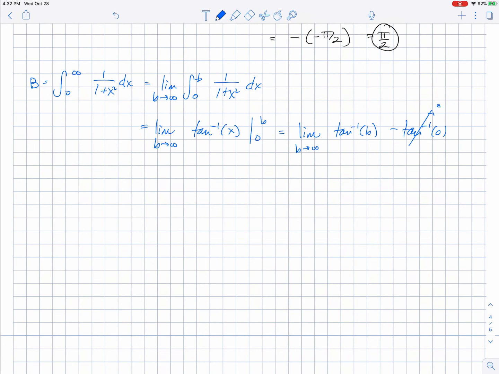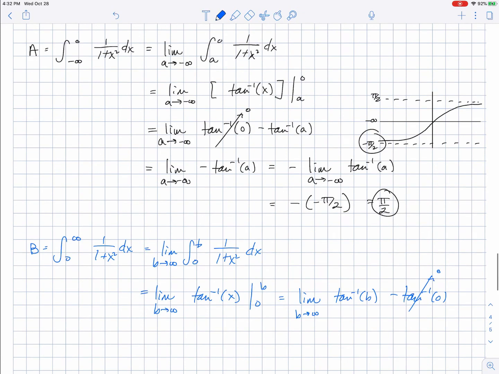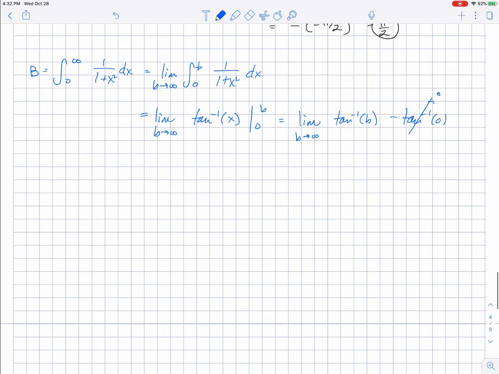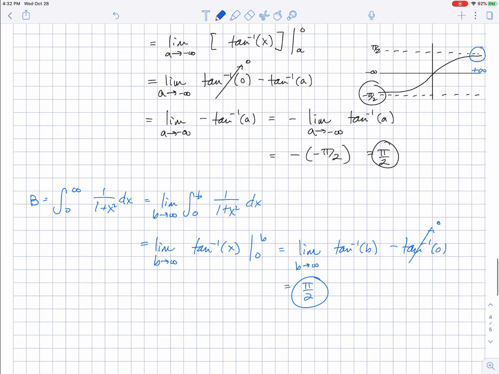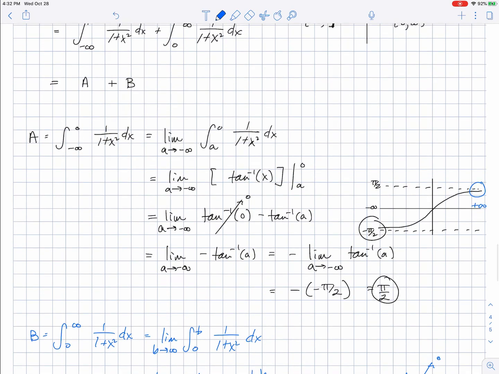We saw in the previous example that the arctangent of 0 was 0, and as we head towards positive infinity, the limit is pi over 2.